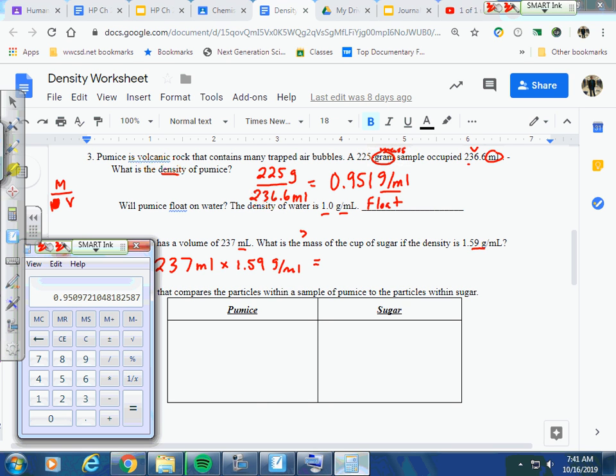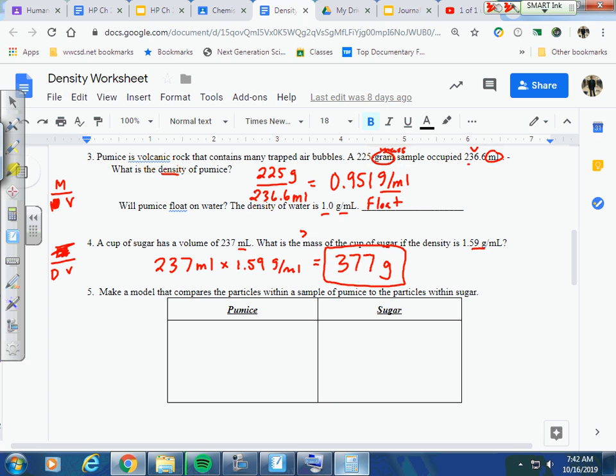So 237 times 1.59, and I'm going to get 377. Okay, and that is mass. That will be grams. There's your answer.